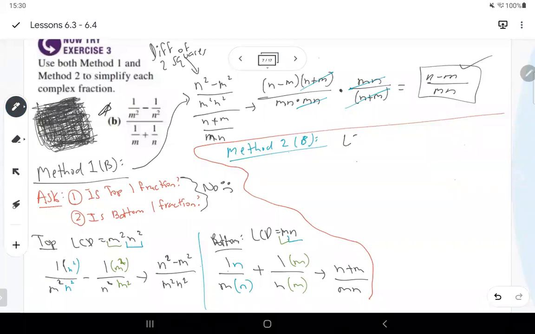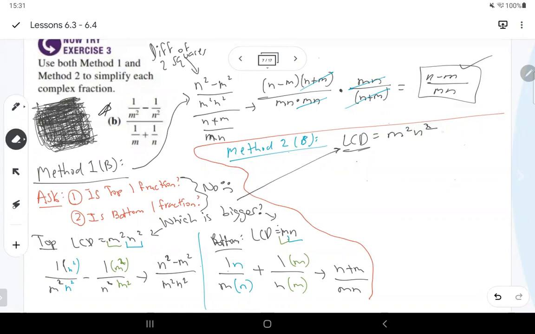So the LCD for this one is going to be your bigger LCD between these two, and that goes over here. So that would be m squared n squared.